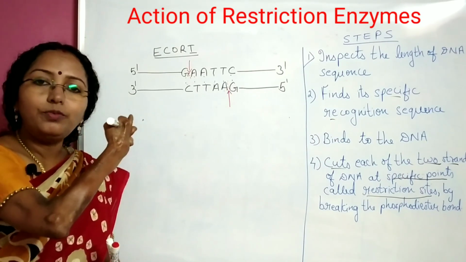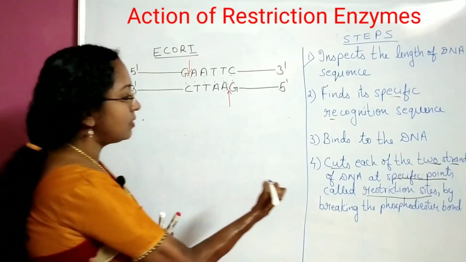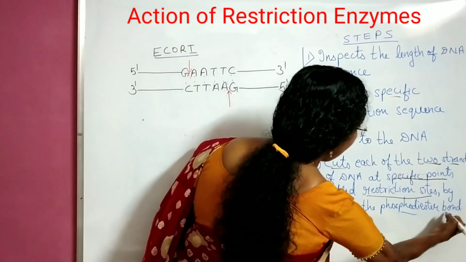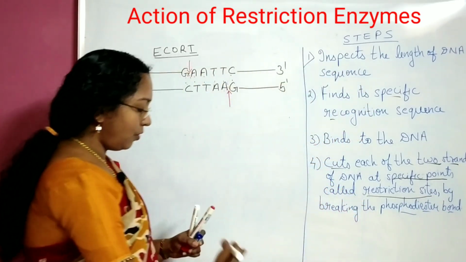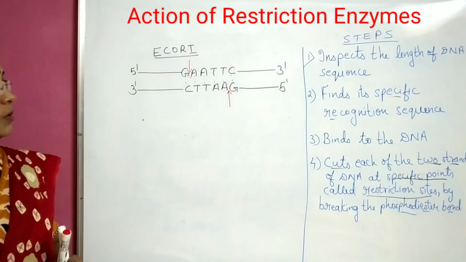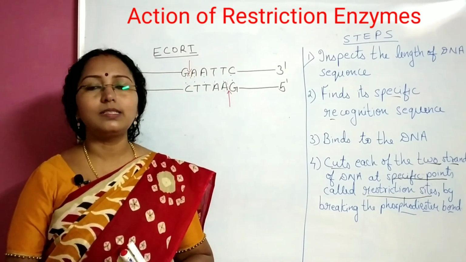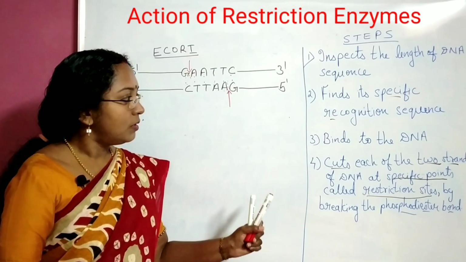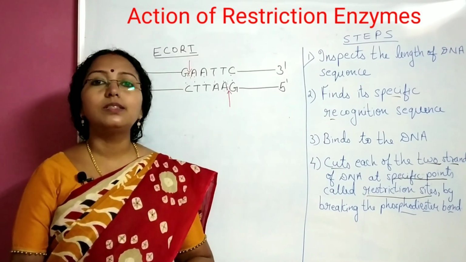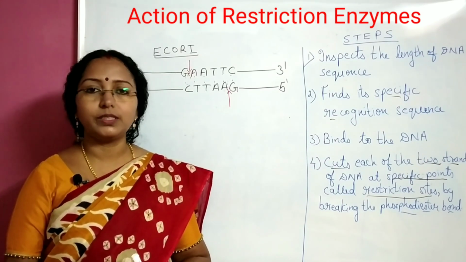So which is the bond within the strand? It is the phosphodiester bond. So the restriction enzyme cuts the phosphodiester bond within the recognition sequence. That is how it functions.